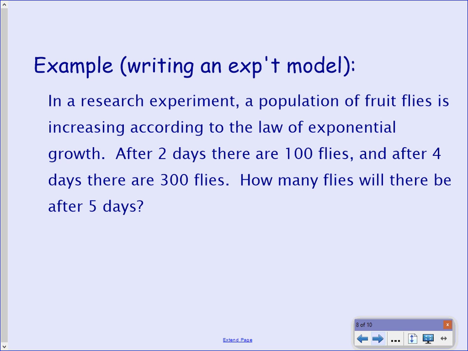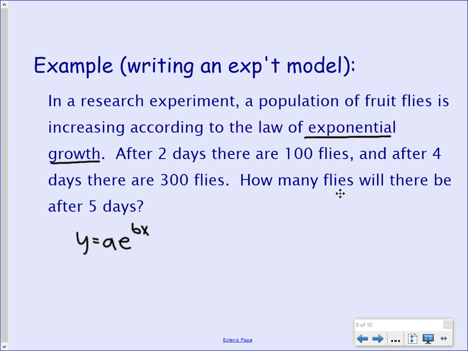So immediately when you read that, you know which equation to pick. Exponential growth is y equals a times e to the bx. I should have a positive exponent if it's going to be growth.